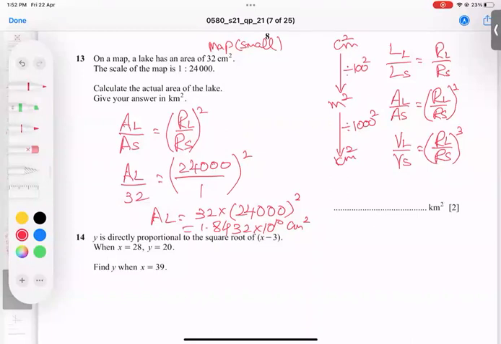So I'm going to divide it. And what is the dividing criteria? 1.8432 times 10 to power 10 divided by 100 square and 1,000 square. When I checked, I typed in the calculator, divide by 100 square and divide by 1,000 square. So the answer turned out to be 1.8432 kilometers square. And it's an exact answer, so I will not round it.